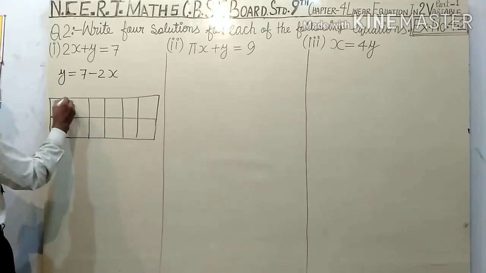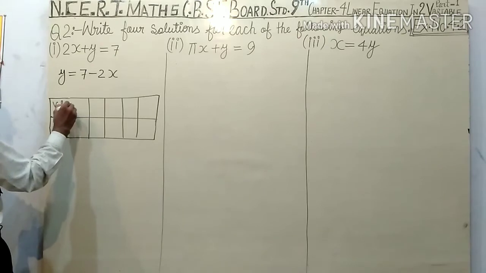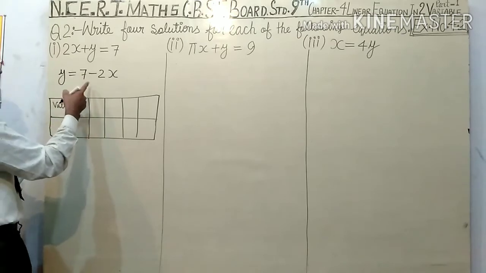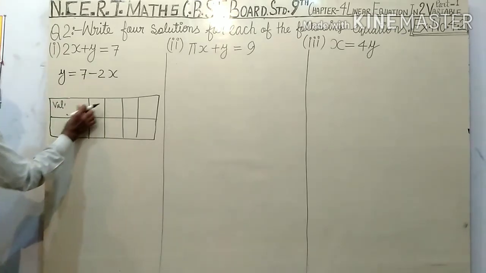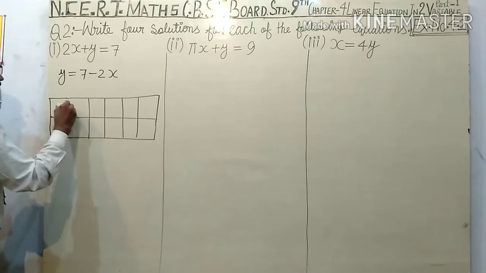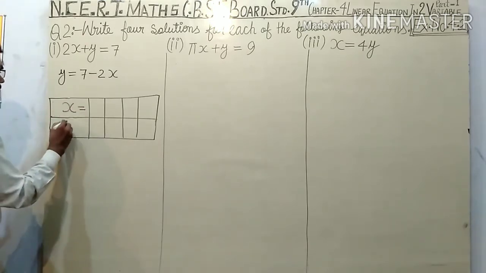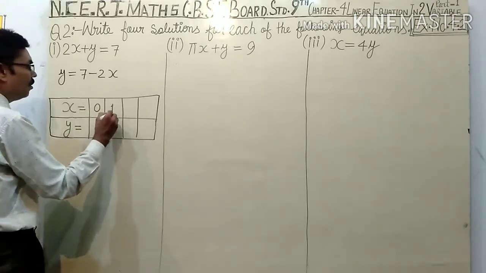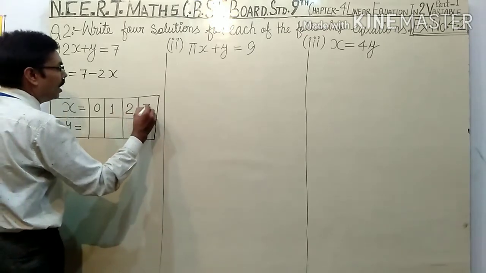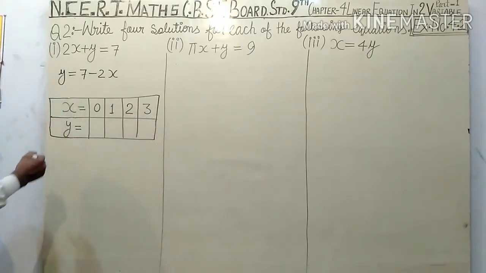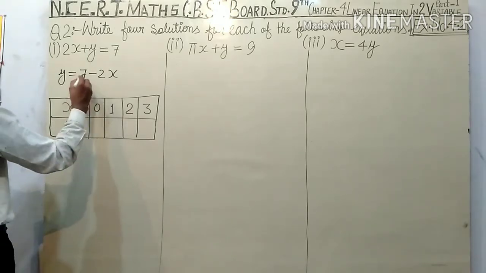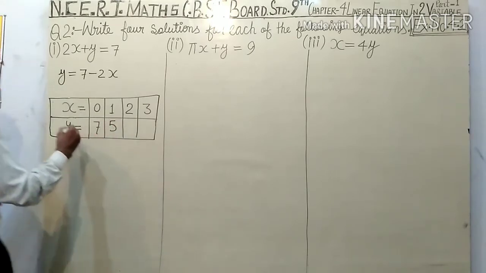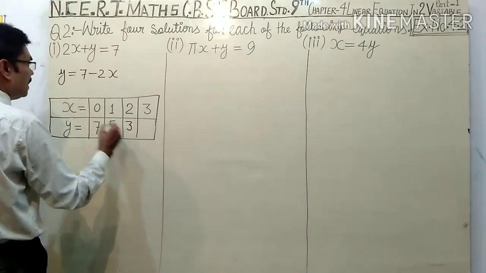Value of x, because value of y is dependent on value of x. So here you will write value of x and here value of y. Taking 0, 1, 2 and 3, we get 7 minus 0, 7. 7 minus 2, 5. 7 minus 4, 3. 7 minus 6, 1.